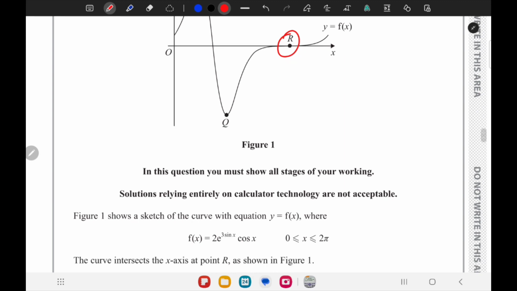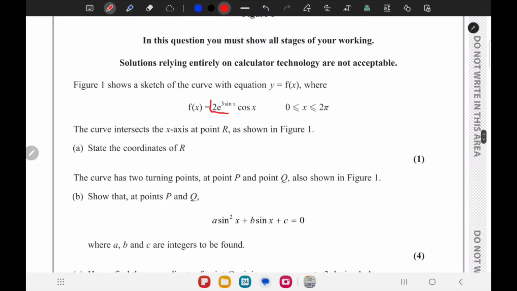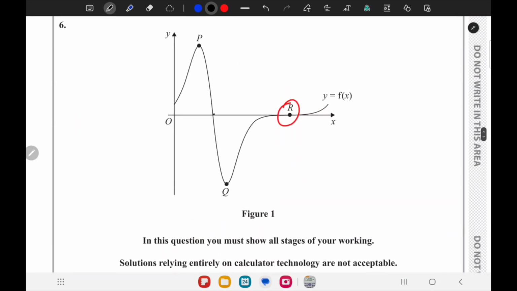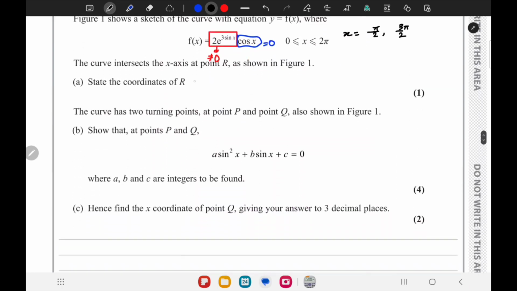Now we know that 2e to the power 3 sin x cannot be 0, so the root is due to cos x being 0. So at the roots, cos x will be 0. Cos x is 0 when x is pi by 2 and 3 pi by 2. So this is the root at pi by 2 and this is the root at 3 pi by 2. So the coordinates of r would be 3 pi by 2 comma 0.